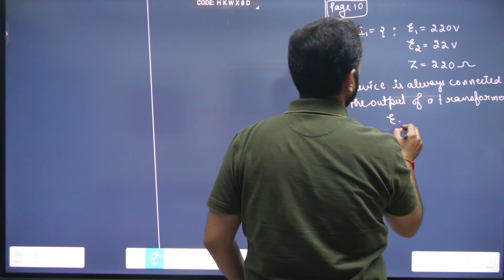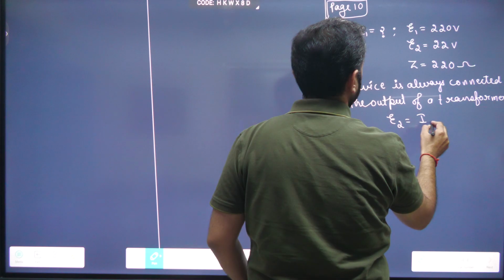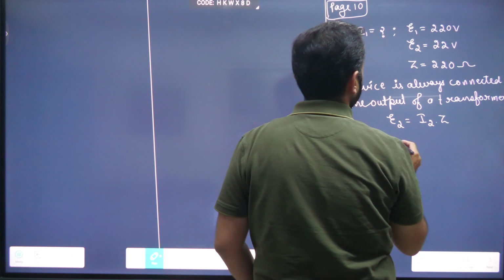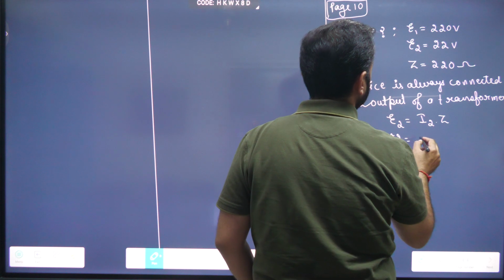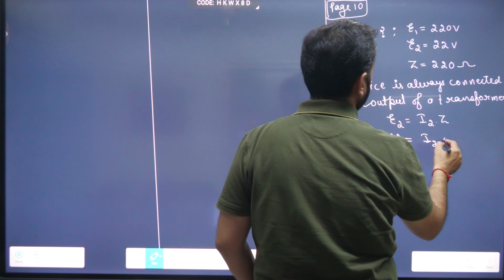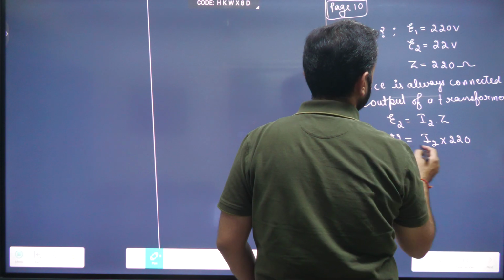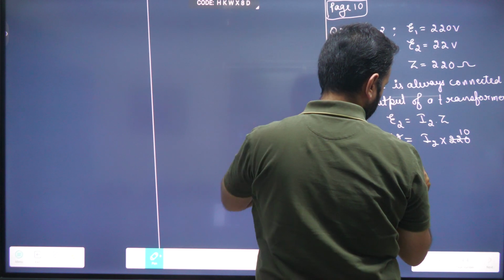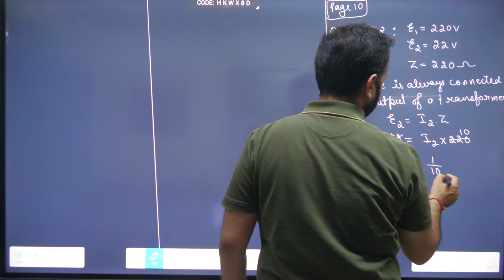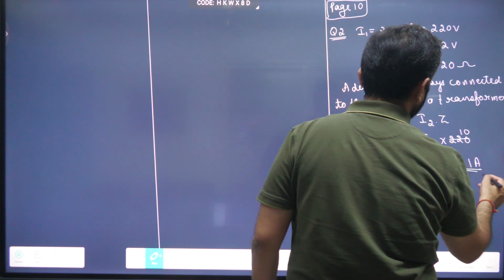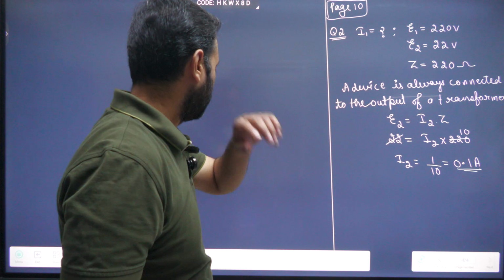So E2 is equal to I2 into Z. E2 is 22, I2 we don't know, and Z is 220. So I2 is equal to 1 upon 10, which means 0.1 ampere. This one is I2.